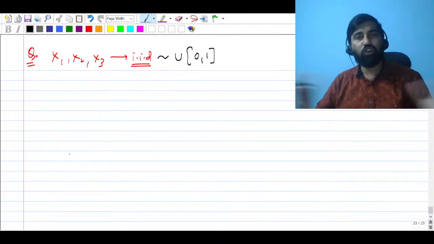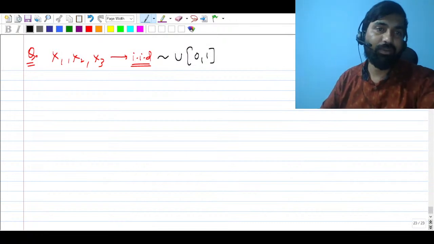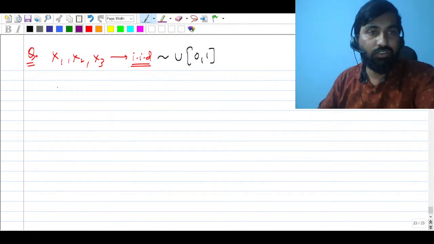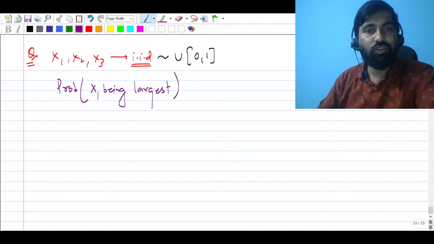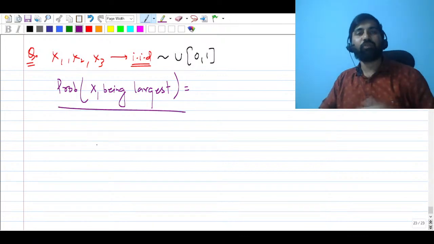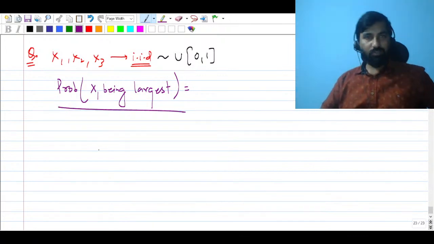Needless to draw the region of support now. The question is: what is the probability of x1 being the largest?